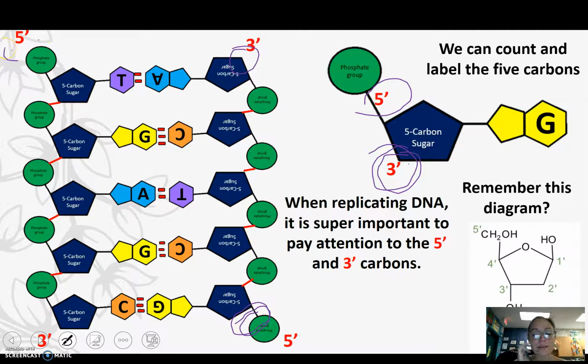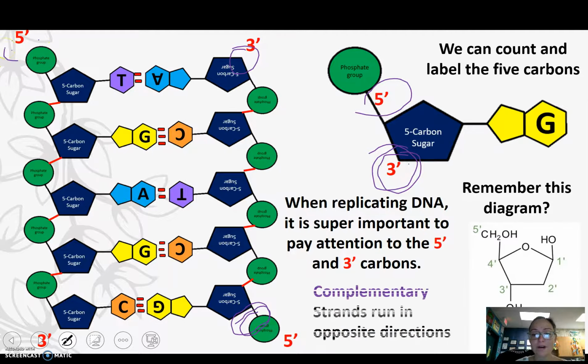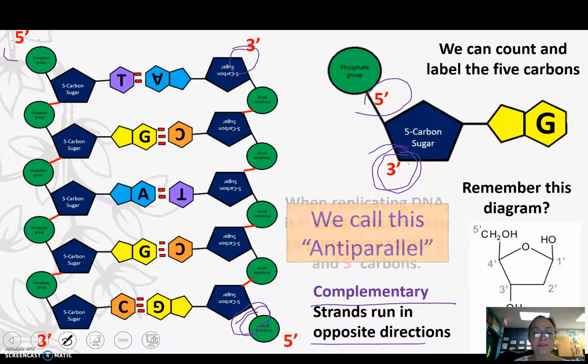And so with this, we can see that our DNA runs in opposite directions. Complementary strands run in opposite directions, and we call this antiparallel. So the two strands of DNA are antiparallel and run in opposite directions. And we can see this by our 5' and our 3' ends.